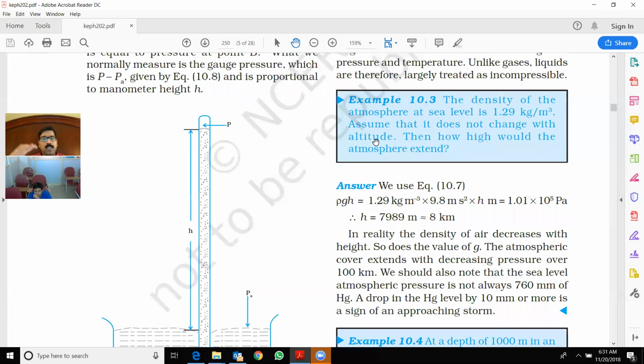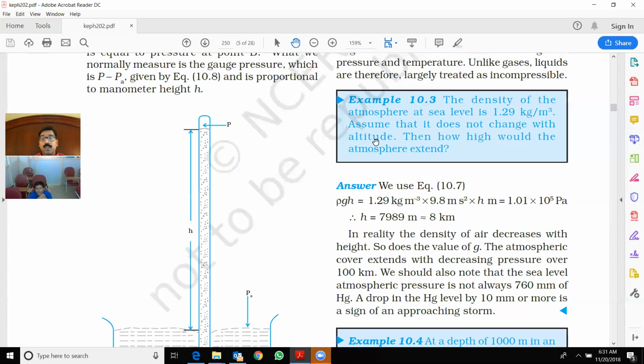And because it decreases over altitude, the height of air that causes this atmospheric pressure is not just 8 kilometer, it can go up to hundreds of kilometers. So the height of the atmosphere is not just 8 kilometer, it is much more, 100 kilometer.